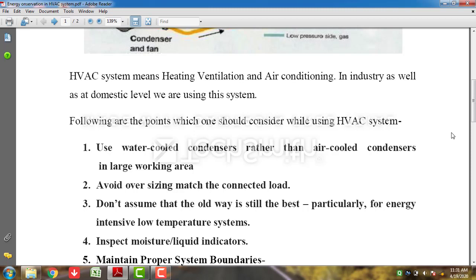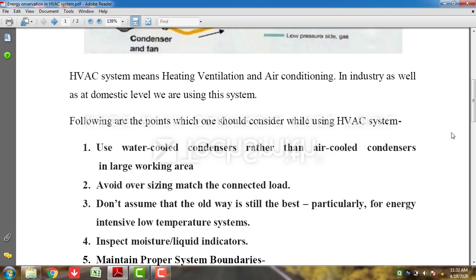But if we go to areas like, suppose we consider the best example, Prozone, we can't install the air conditioners which we install at our domestic level. That's not a feasible solution. Why? Because the area is quite large. If the area is quite large, you can't go with an air compressor, you have to go with a water compressor.